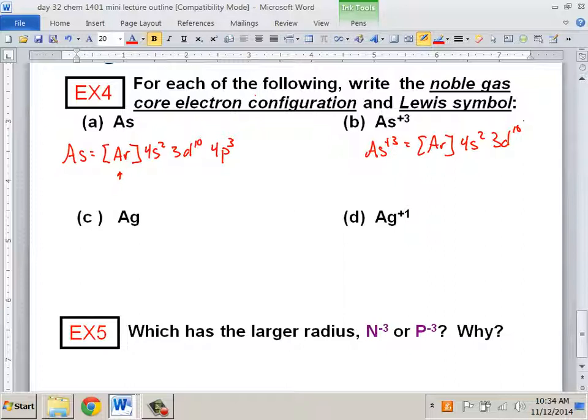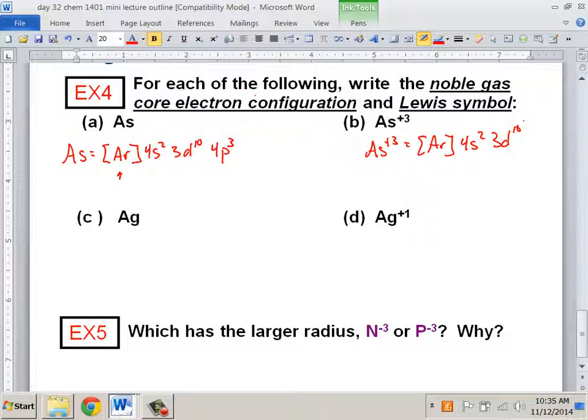Did you see the trick to doing silver? What did you end up with for the d? Because silver should be d9, right? But it's only one away from d10. So you make d10. But where did you get that electron to make d10? From the 5s.